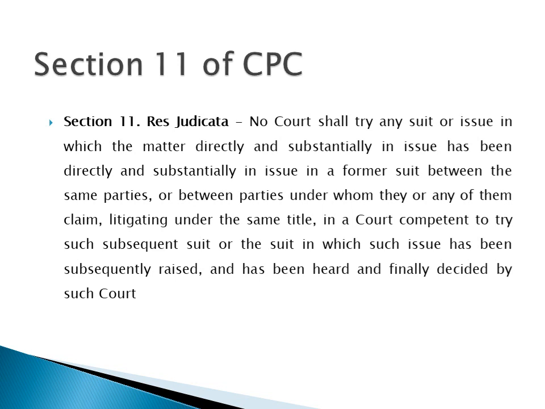No court shall try any suit or issue in which the matter directly and substantially in issue has been directly and substantially in issue in a former suit between the same parties, or between parties under whom they or any of them claim, litigating under the same title, in a court competent to try such subsequent suit or the suit in which such issue has been subsequently raised, and has been heard and finally decided by such court.